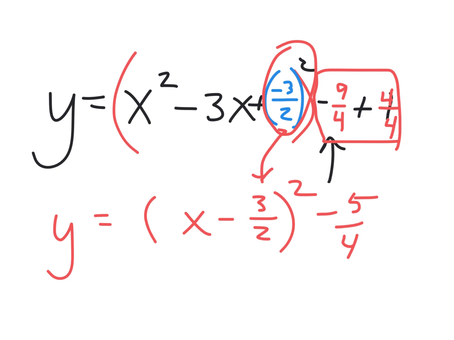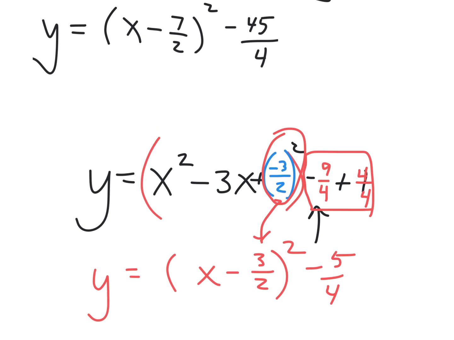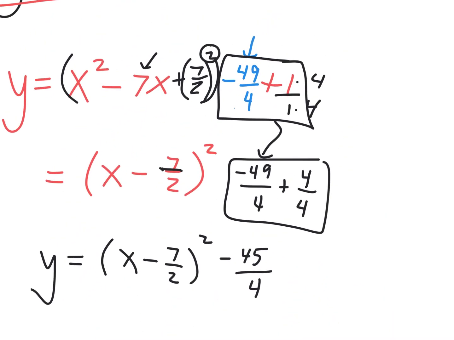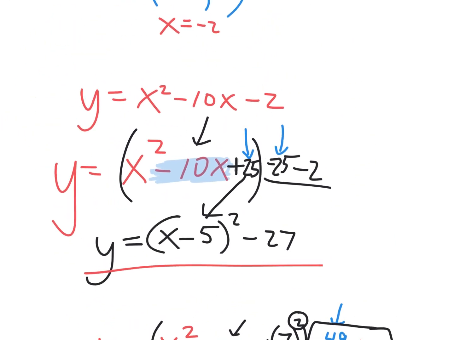Yes? I'm pretty sure when we were doing this earlier, we were using the divided by 2, just take that. But no, we're doing the signs. Let's look back. You said you think we're doing divide by 2.